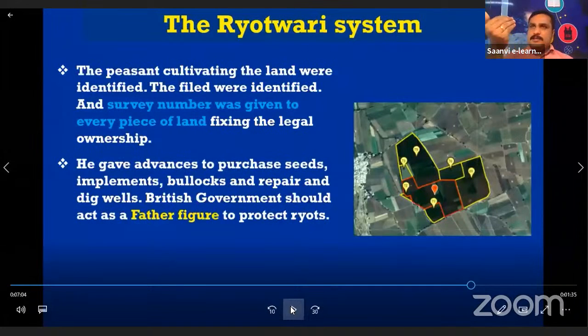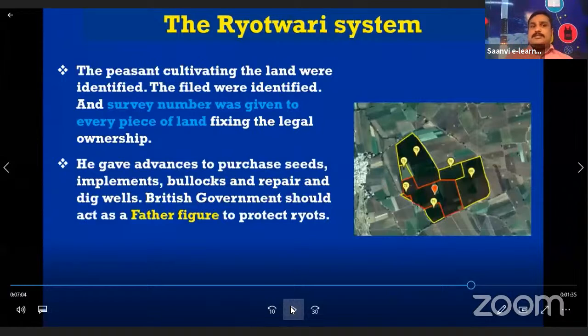Here the zamindar's role decreased when the Ryotwari system was introduced. He gave advances to purchase seeds. Who? That officer. And implements, seeds, bullocks, and to repair and dig wells. The British government should act as a father figure to protect the ryot. Very, very important, students, please note it down.